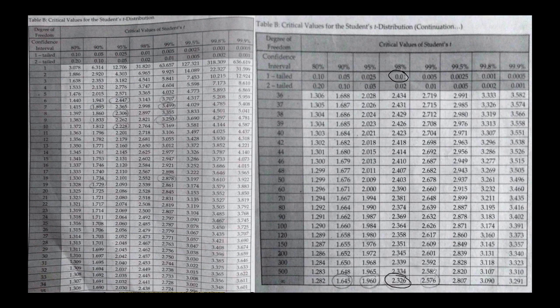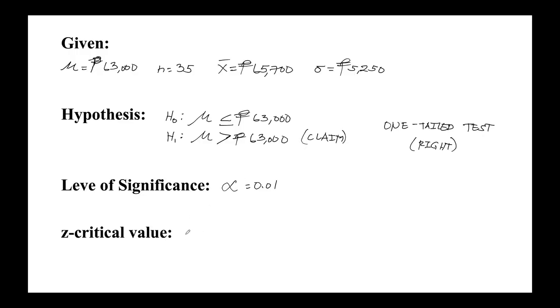Meaning, our Z critical value will be 2.326. Again, table P, critical values for student's t distribution. Dahil kapag ang ginamit natin is yung standard normal distribution, wherein it starts with 0, wala tayong specification, either one-tailed test yon or two-tailed test yon. That's why ito yung gamit nating table for this one. So, again, 2.326 ang ating Z critical value. Let's write it here. 2.326.